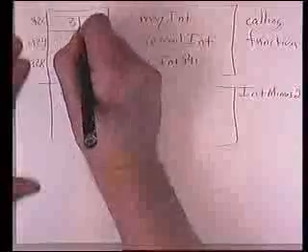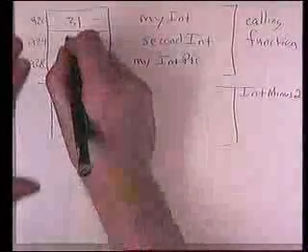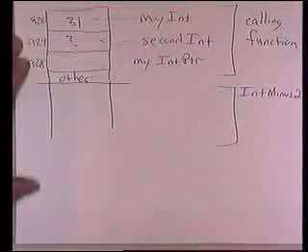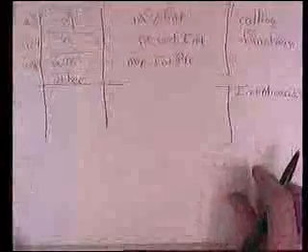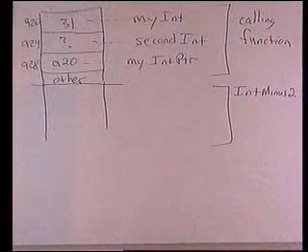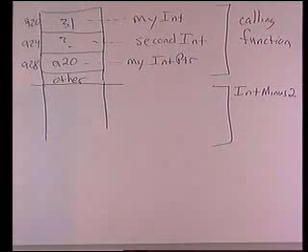So what occurs here is, as before, 31 was written into my int. Second int we declared without initializing it, so there's a question mark there. And my int pointer received the address of my int, meaning this holds A20. And my int pointer, the address of my int, is what we sent in as an argument.